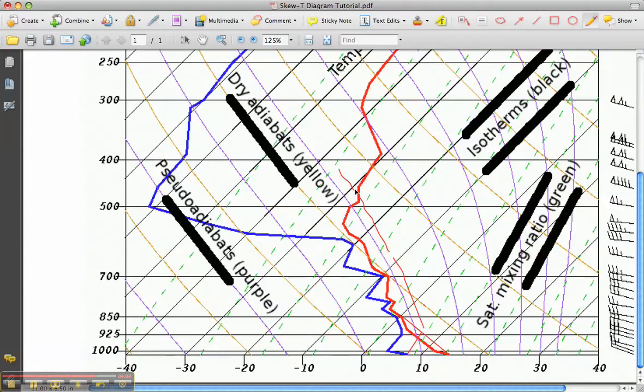However, if we go up to about 475 millibars, the temperature of the atmosphere is about -28. The temperature of the air parcel is -30.